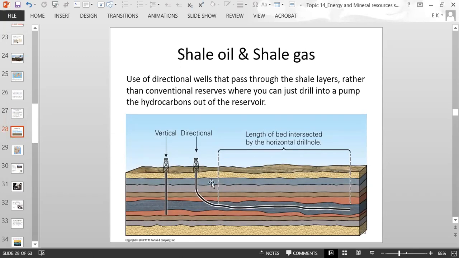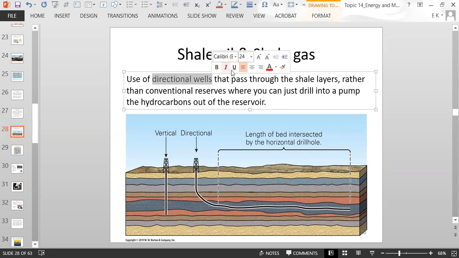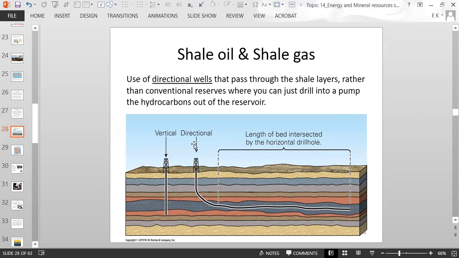So here's shale oil and shale gas. So here is a conventional well where you would just dig downward and then pump it out. But in the case of unconventional reserves, we need to use directional wells. So in a directional well, you dig downward and then you turn, with the well going along inside the shale layers.